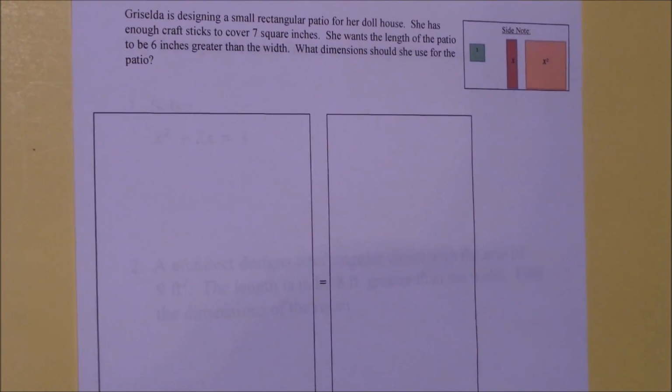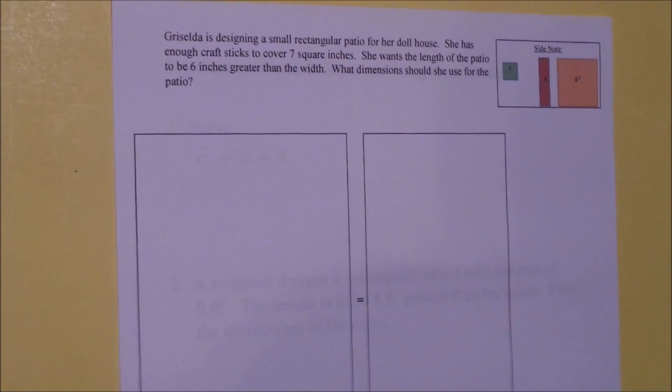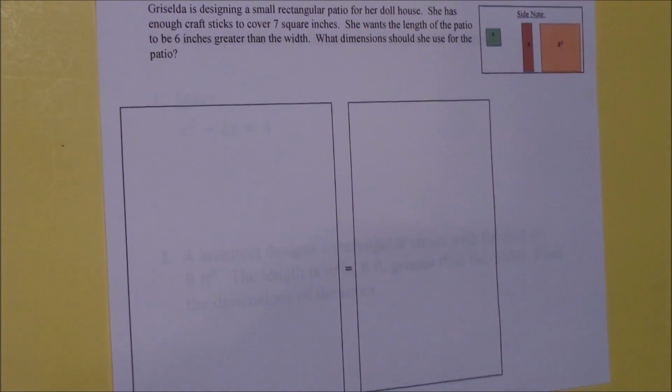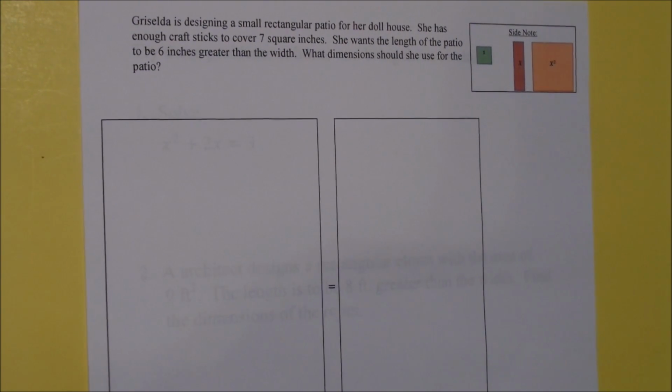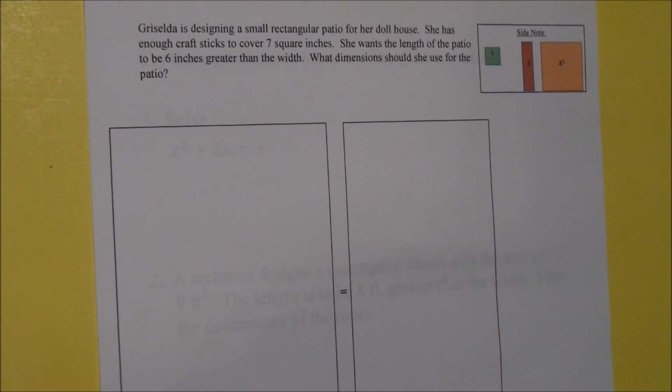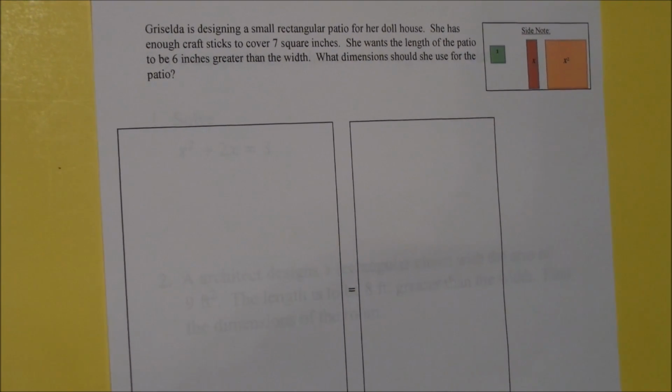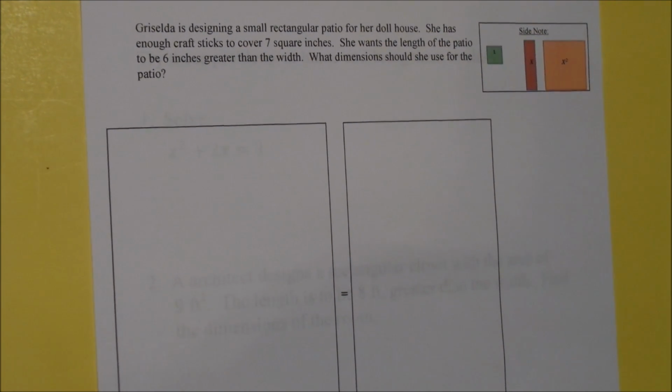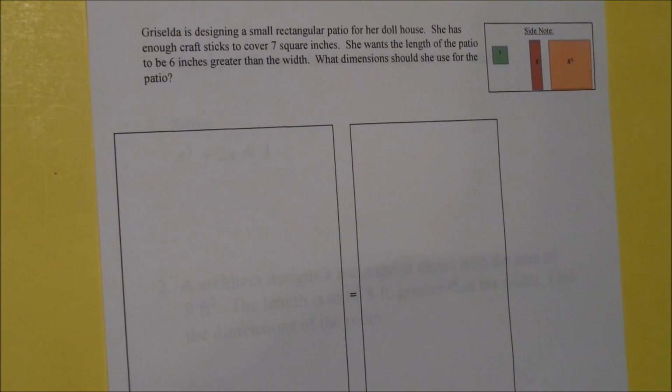Now on our second problem, we have a word problem. Griselda is designing a small rectangular patio for her dollhouse. She has enough craft sticks to cover 7 square inches. She wants the length of the patio to be 6 inches greater than the width.